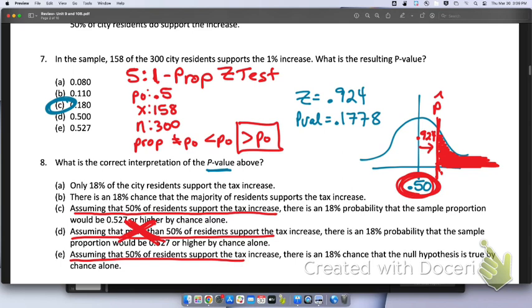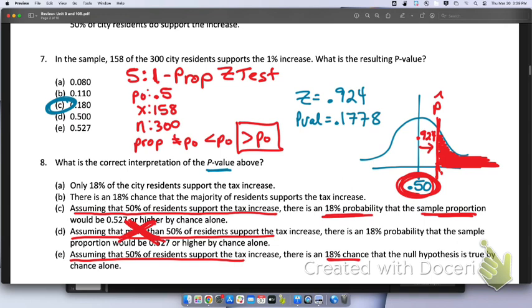Assuming that more than, that would be wrong. There is an 18% probability, an 18% chance, that the sample proportion would be 0.527, which is what 158 over 300 is, or higher by chance alone, as extreme or more extreme by chance alone.